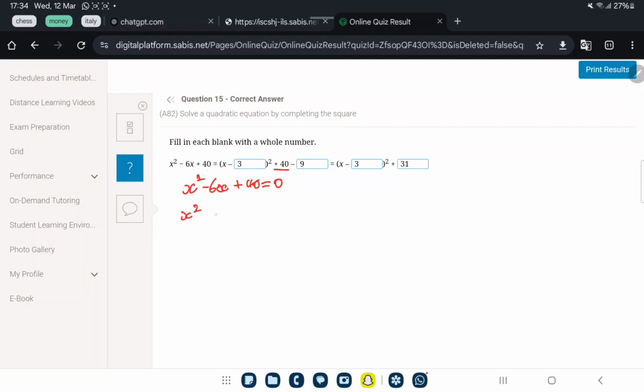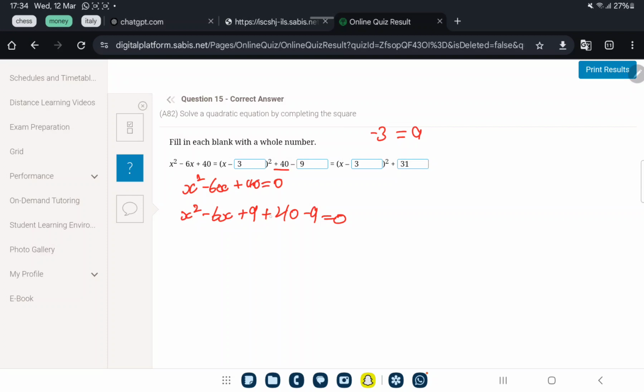So x squared minus 6x, you add half of this, so minus 3, and you square it, so 9. So x squared minus 6x plus 9, and you also add 40 minus 9. You add it and subtract it, because you would have added it to the other side, but it's on the same side, so you subtract it. Equals 0.